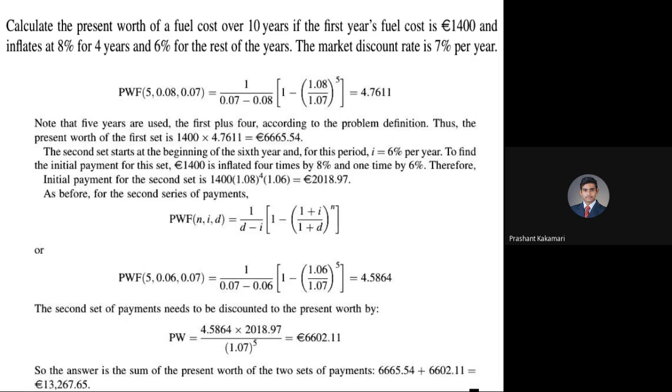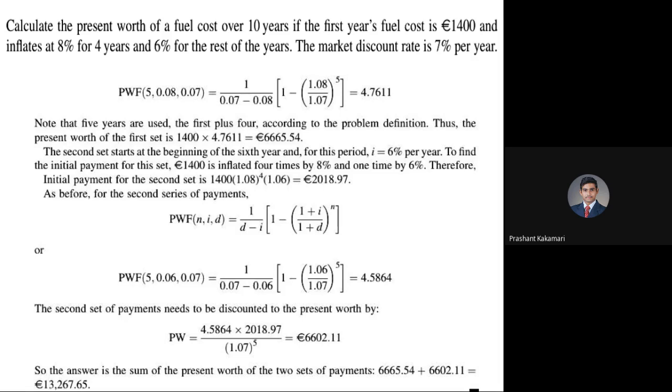Okay, so here you can note down the problem. In that they have given first settlement of money with 1400, and after that 4 years inflation rate will be 8%. So the first plus 4, according to the problem definition, they have considered 1400 into this factor.